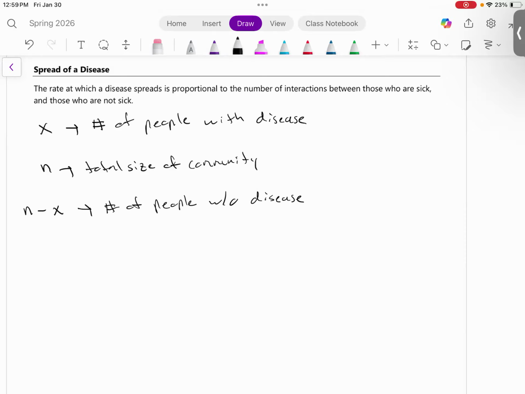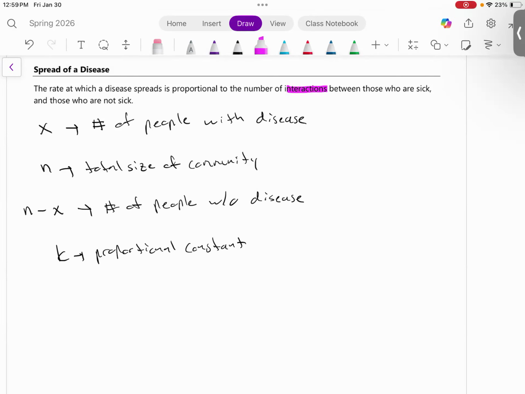We have another proportionality constant, k. We also need to account for interactions.